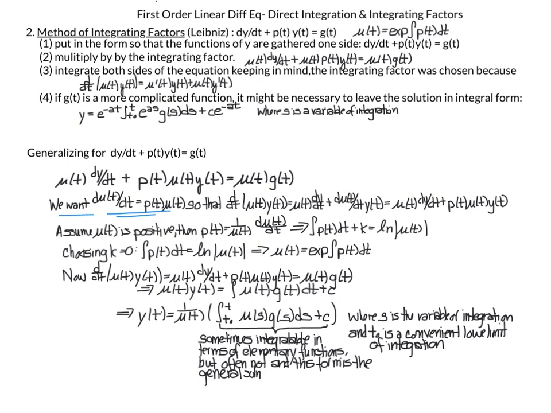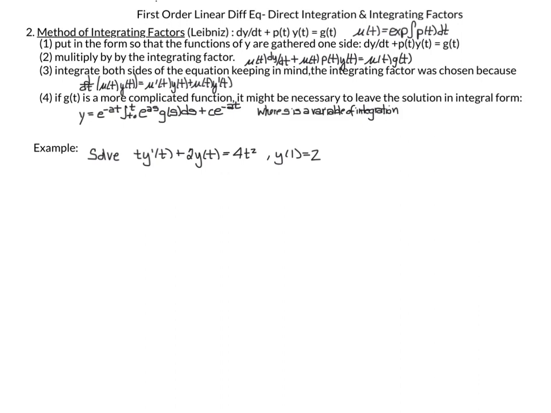And sometimes it's integrable in terms of elementary functions, but often it is not, and often you just use this as your general solution, where s is a variable of integration, and t naught is a convenient lower limit of integration. And I have the general solution here, and note that if g of t is more complicated, you might leave your solution in this form.